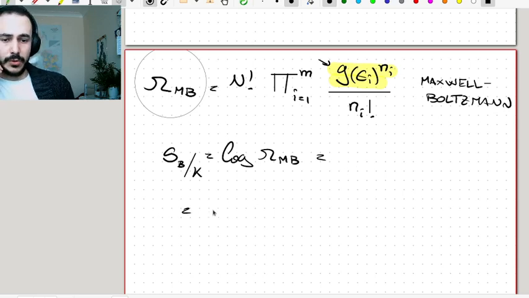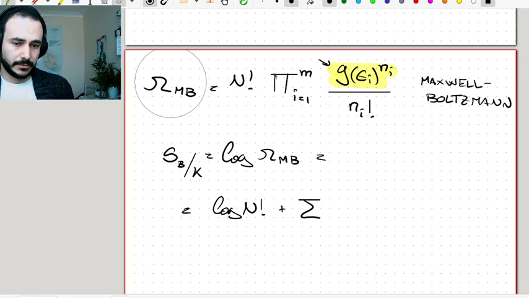What we will have here is just the logarithm of n factorial plus, then we have the sum, so this product becomes a sum. I'm going to write it like this for shorthand notation.